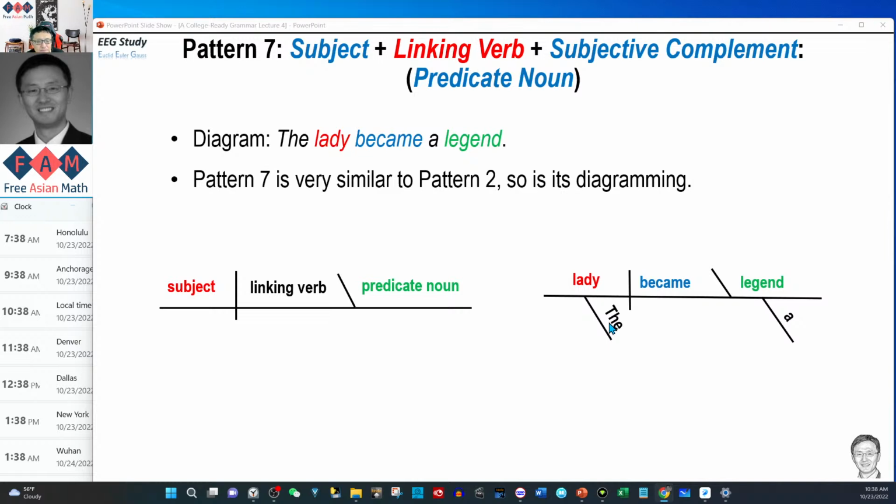But the real question is how can I really tell which verb is an action verb or, in this case, a linking verb? That's actually a big question and a very important one. Luckily, we don't have that many linking verbs in English in the first place.